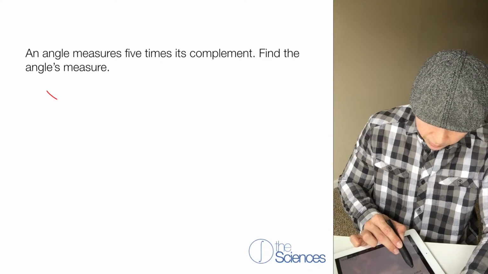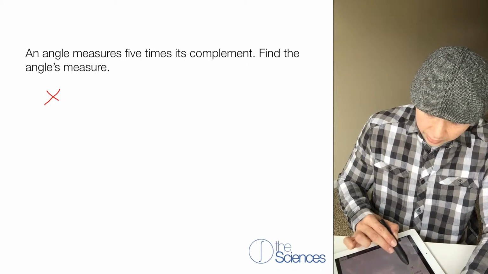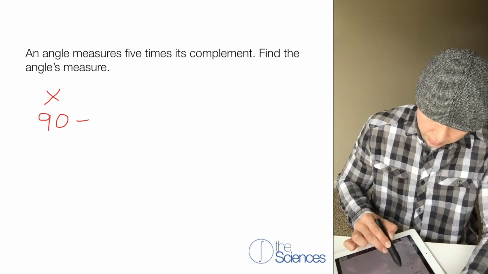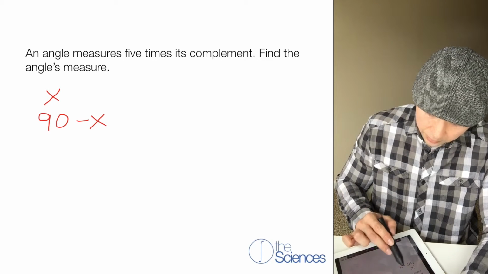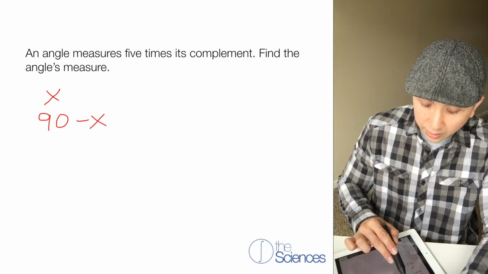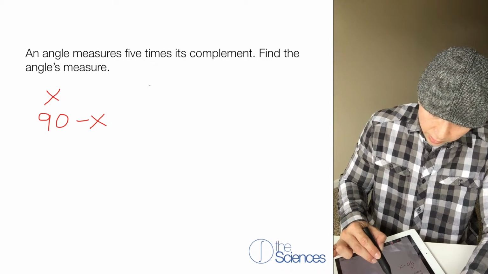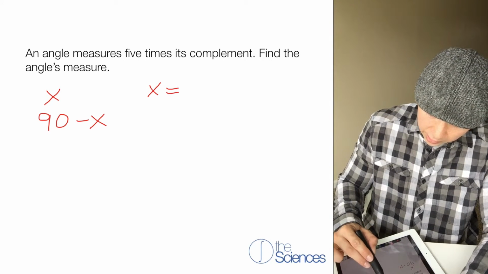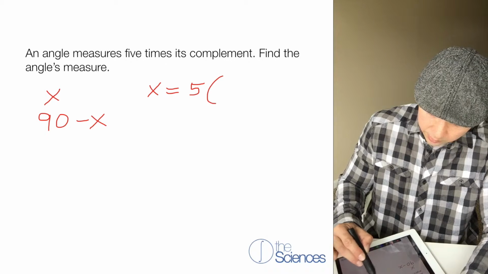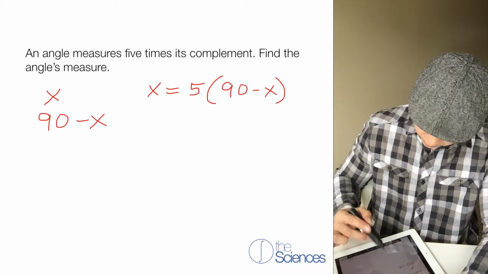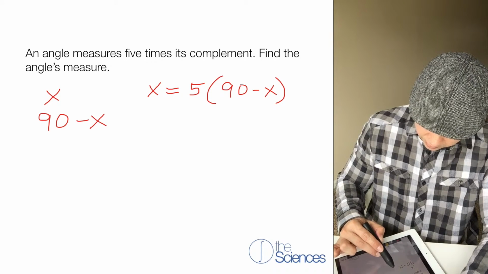So if an angle measures x, then its complement is 90 minus x. But here we're saying that the angle measures 5 times its complement. So here we have x equals 5 times 90 minus x. So now all we have to do is solve this.